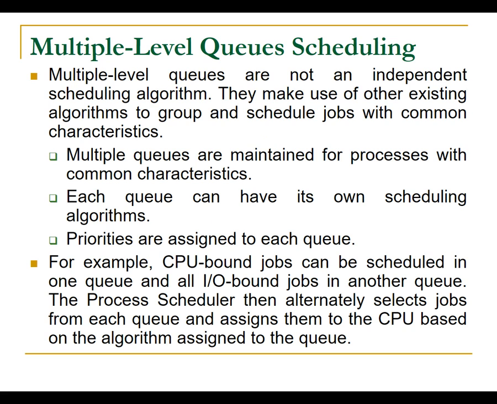The next one is multiple level queues scheduling. Multi-level queues are not an independent scheduling algorithm. They make use of other existing algorithms to group and schedule the jobs with common characteristics.